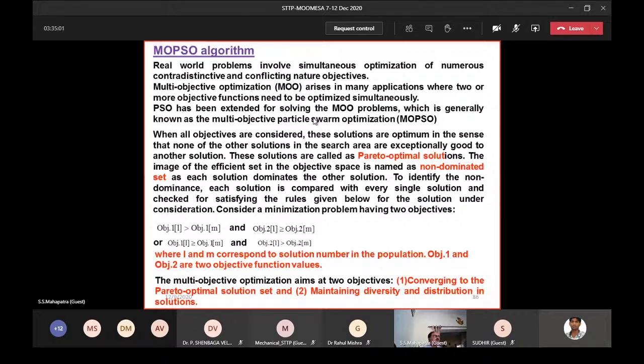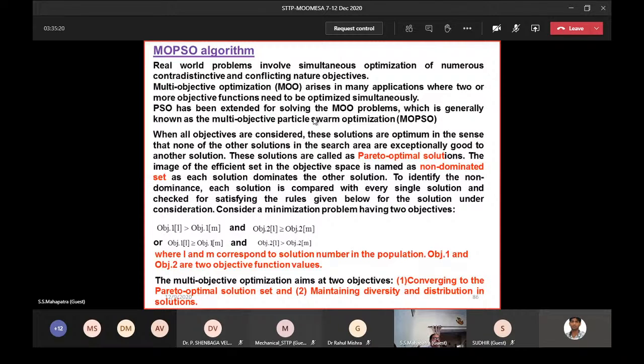That's why, when there are multiple objectives, what do people do? We generate the non-dominated solutions, or best solutions, or the Pareto solutions. Non-dominated solution means, if you have two objectives, you compare the solutions.